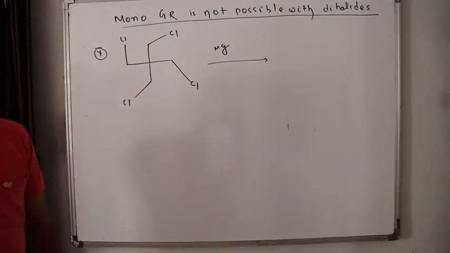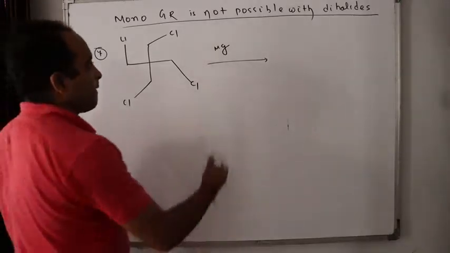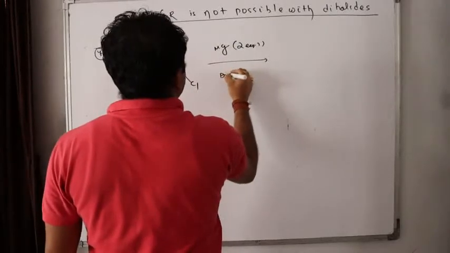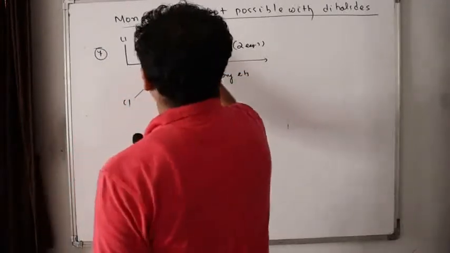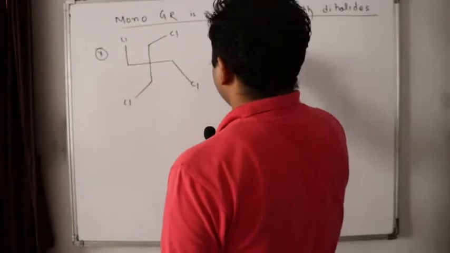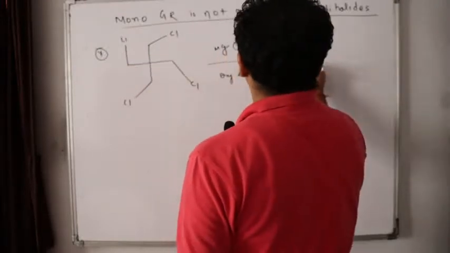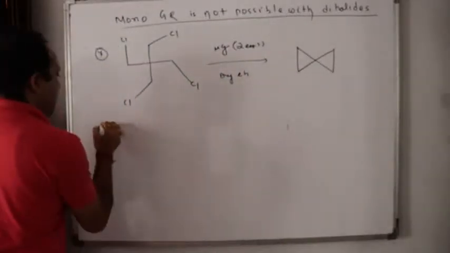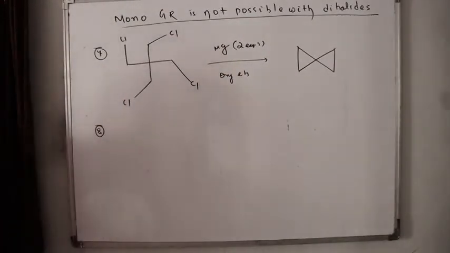How many equivalents are required? In that case, there are two equivalents. Here, one equivalent. If I take two equivalents, what will happen? Dry ether. One Cl bonded to this, other Cl bonded to this. Shall I get something like this?